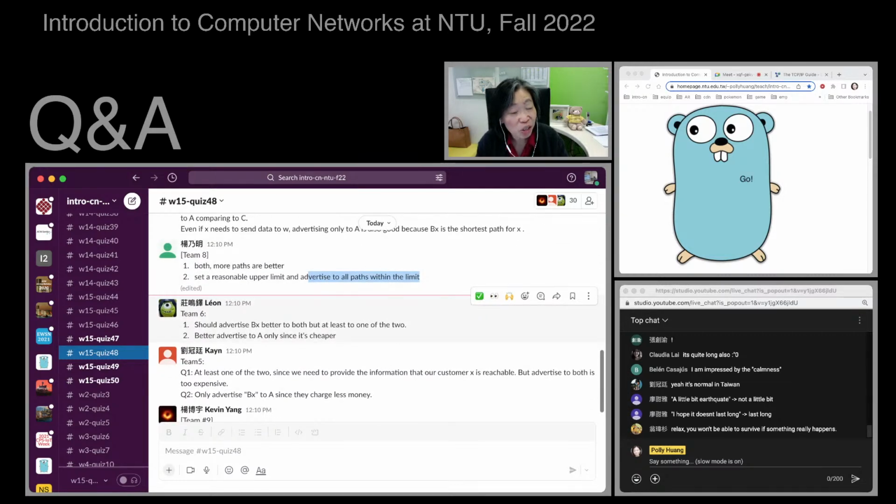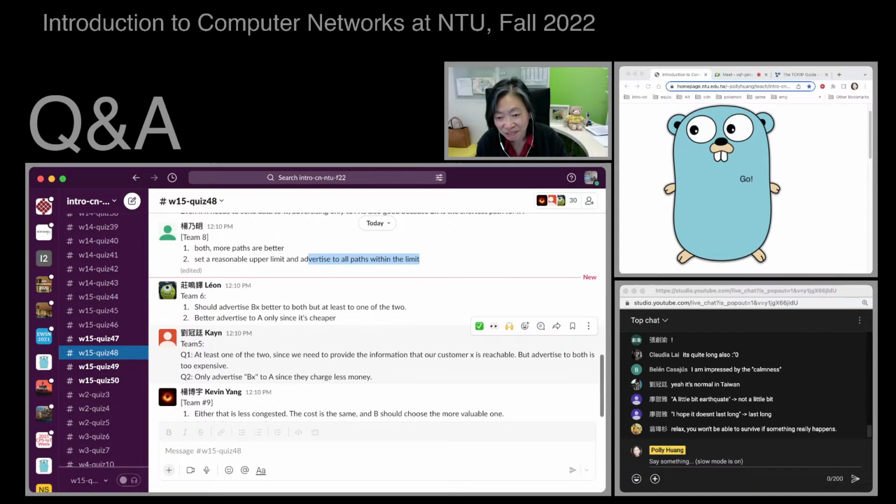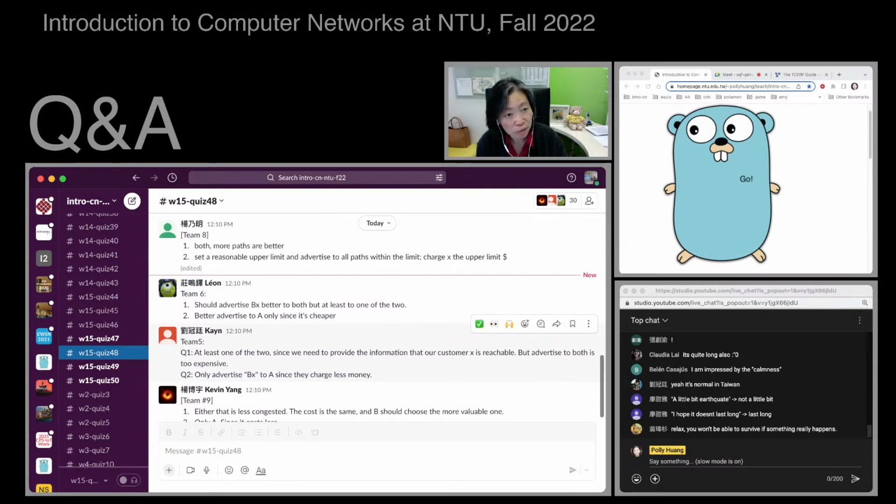That's a way to control the expense, definitely. So it's a combination of setting the routes and limiting traffic. It's a very interesting way of getting around the problem. So team 6 should advertise to both, but at least one. Okay, so better both, but at least one.